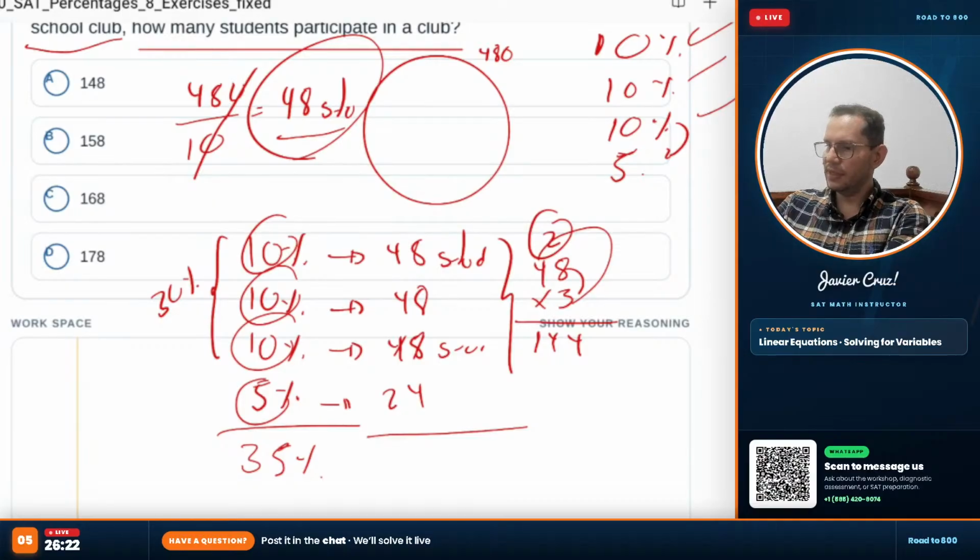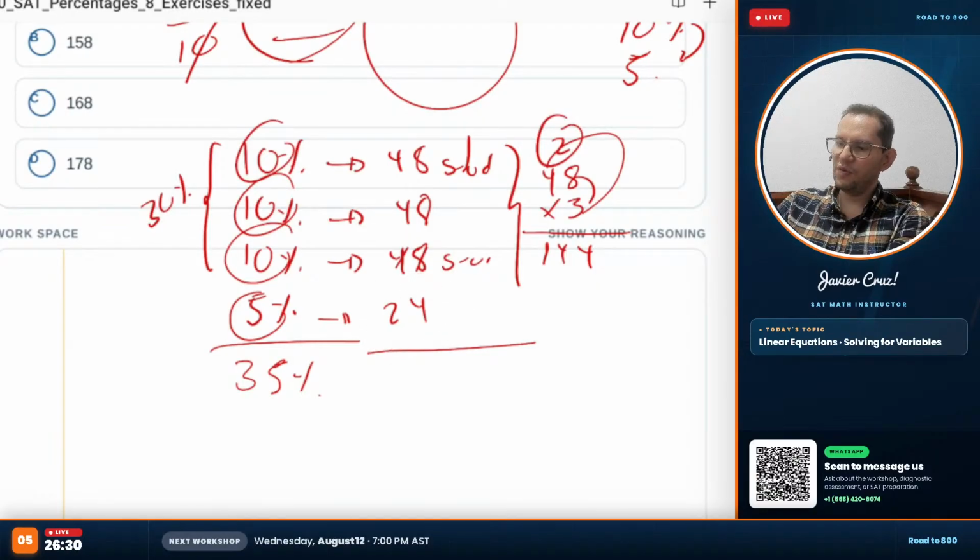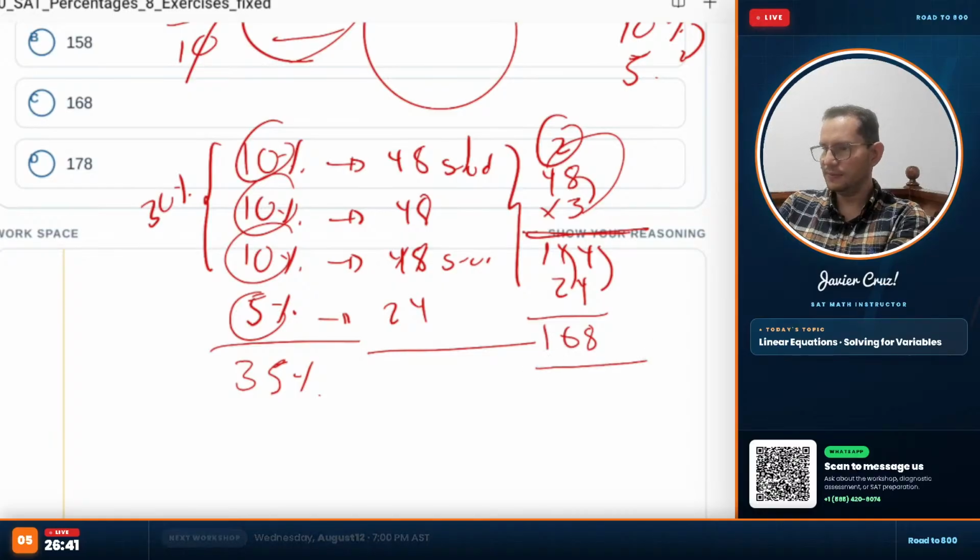Yeah, that's correct. And then we have all those numbers, the 348 students, and then we add the 24, 24 plus 24. So 4 plus 4 is 8, 4 plus 2 is 6, and 168, right?